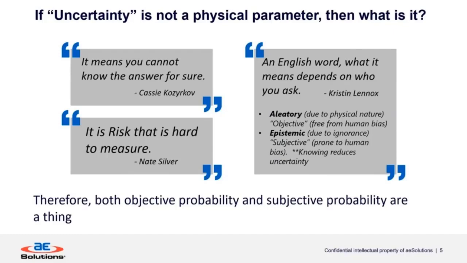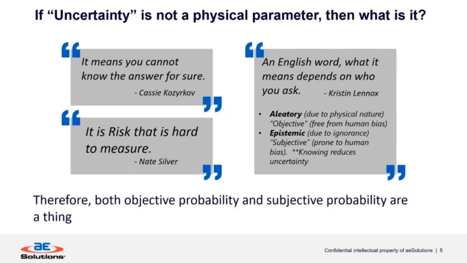There are two types, and they're a continuum, so they're not in two discrete buckets. There's what's known as aleatory uncertainty and then epistemic uncertainty. Aleatory is considered objective, epistemic is subjective, so it's more of that, when we talked about the subjective degree of belief, right? You're on that end of the spectrum.